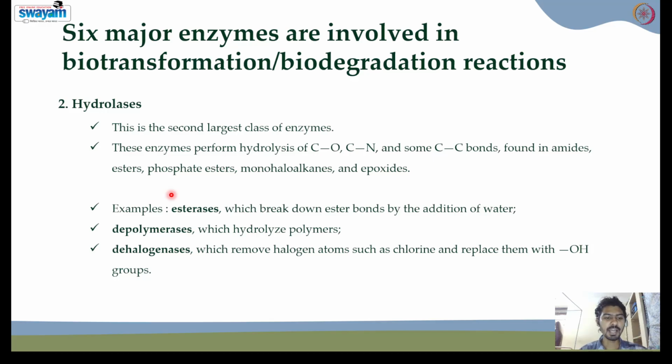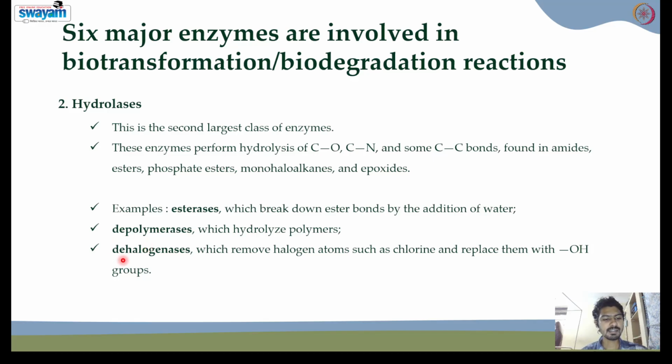And what are the common types under the hydrolase enzyme? One is esterase, the term itself suggesting that it breaks down the ester bonds that are formed between organic compounds by adding water. And depolymerase means removing the polymers. That is, they hydrolyze, they cleave the polymers into monomers.